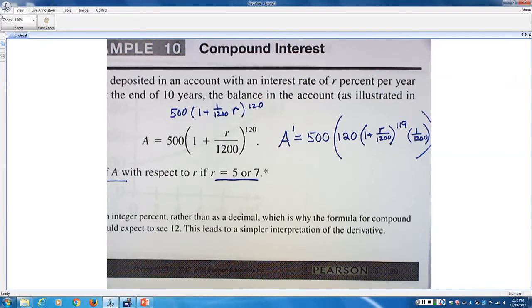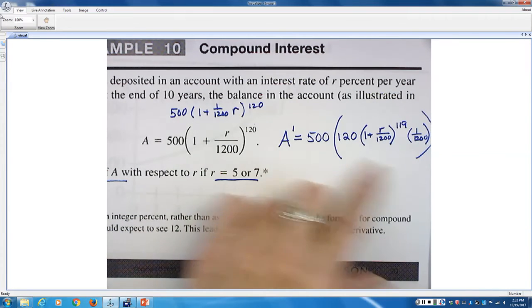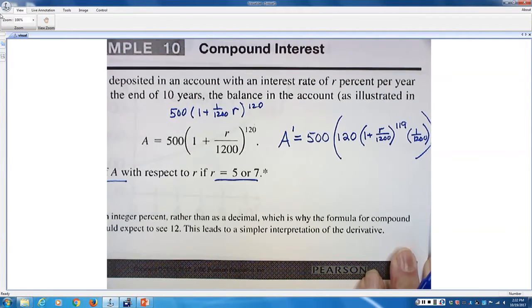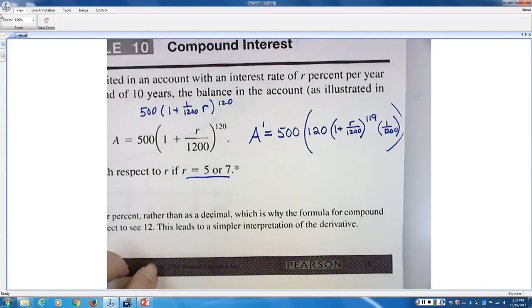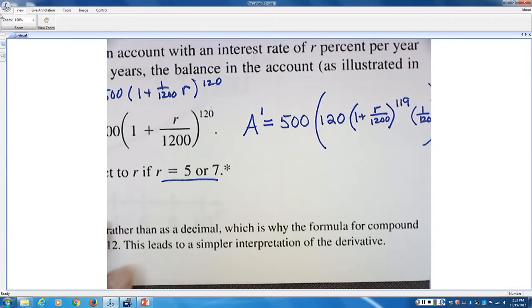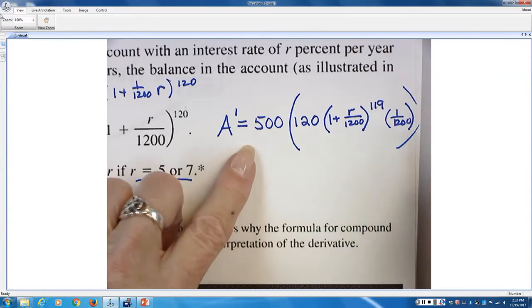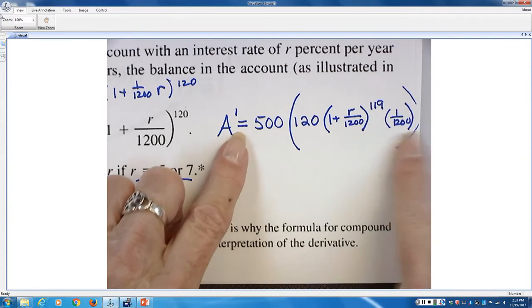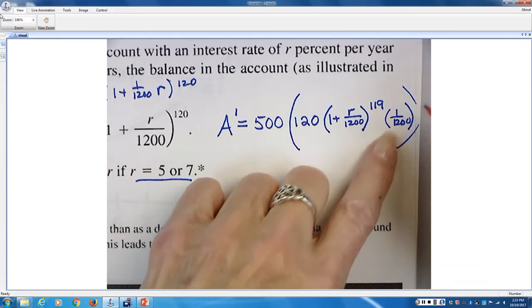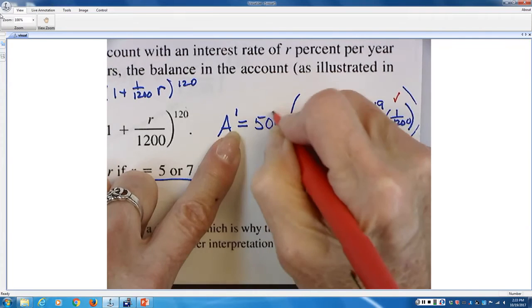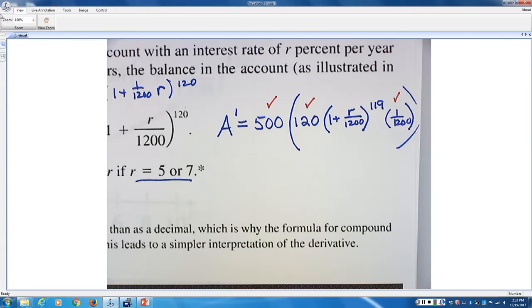Now, as far as cleaning all of this up, this is all cosmetic and it's all algebra, this was the calculus, we're done with the calculus. Since this is all a big huge multiplication problem, we're going to take that 1 over 1200 and that 120 and that 500, and we're going to multiply all those together.